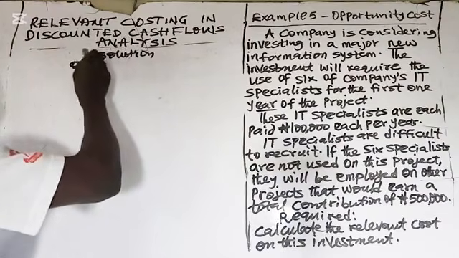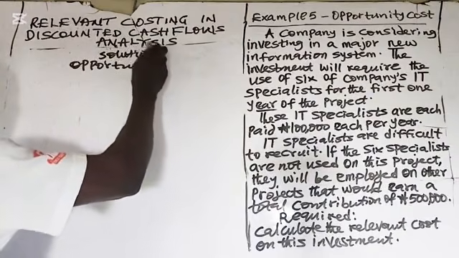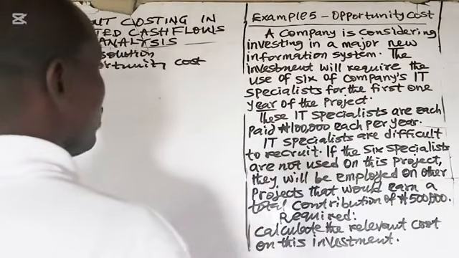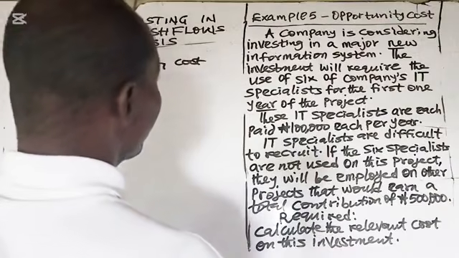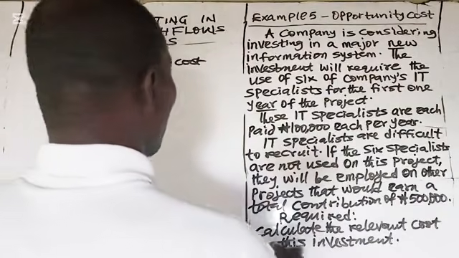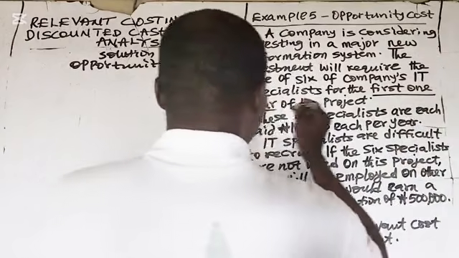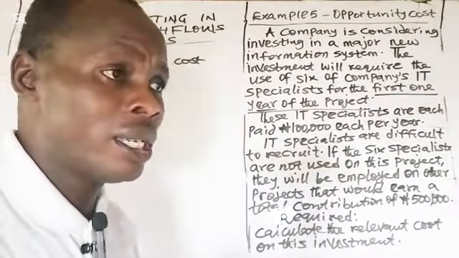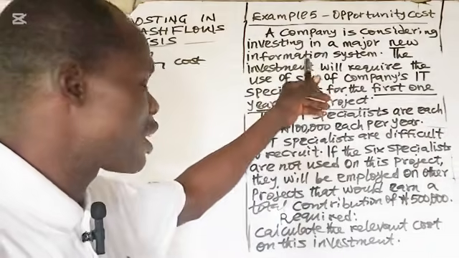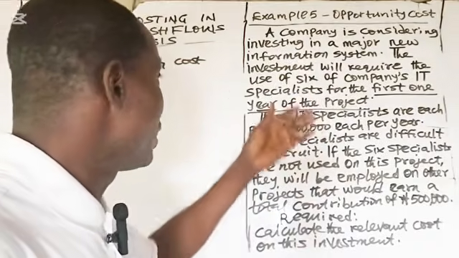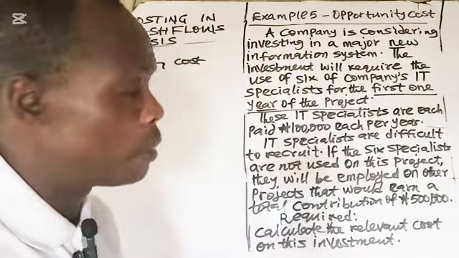Opportunity cost in relevant costs. You were told a company is considering investing in a major new information system. The investment will require the use of 6 of the company's IT specialists for the first 1 year. If the company's own staff are not used in this project, they will need to employ IT specialists who will do the job.